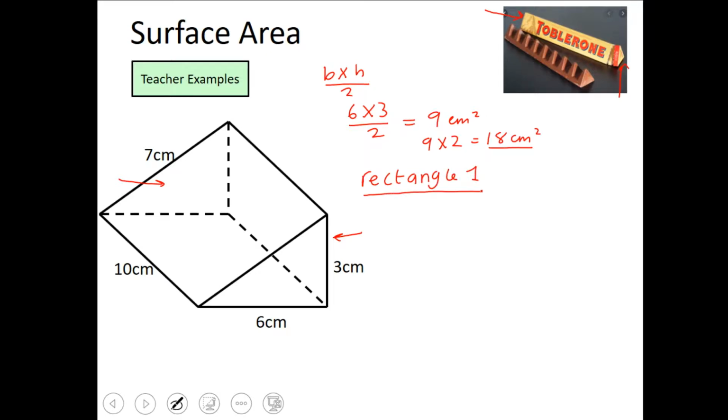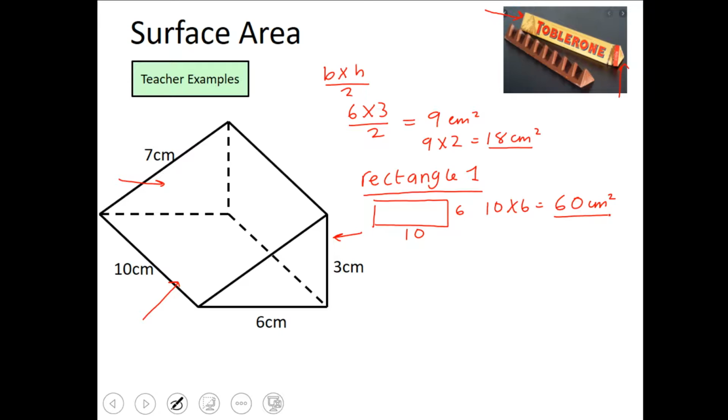Okay, rectangle 1, we'll start working out the base. So the base of this shape is made up of a rectangle which is 10 centimeters by 6 centimeters. And we multiply them together, you get 60 centimeters squared. You don't multiply this by 2 because the other 2 rectangles are different size.